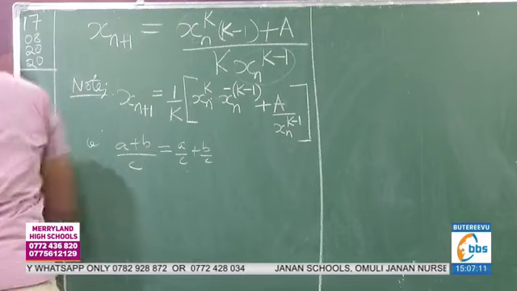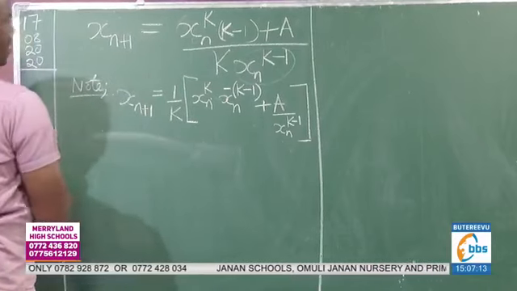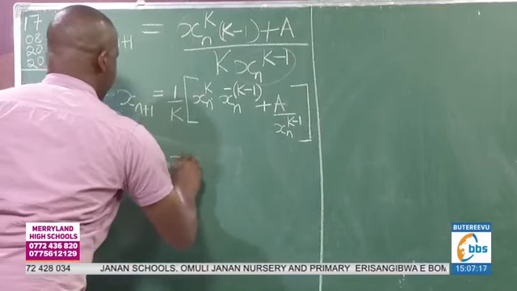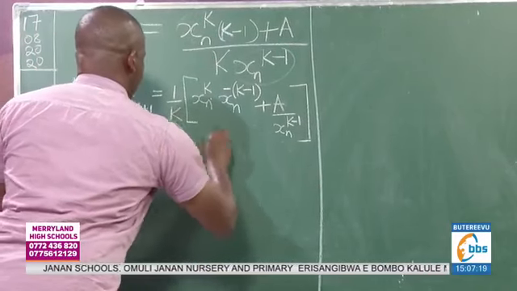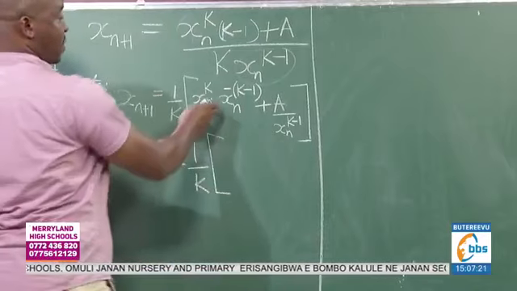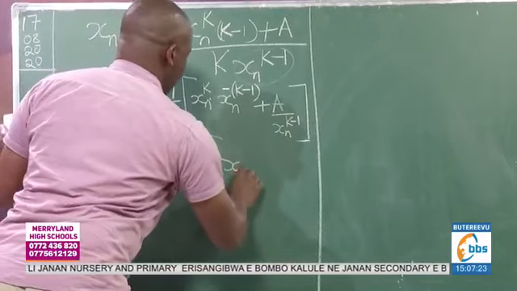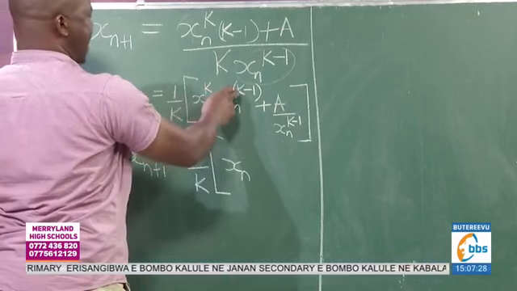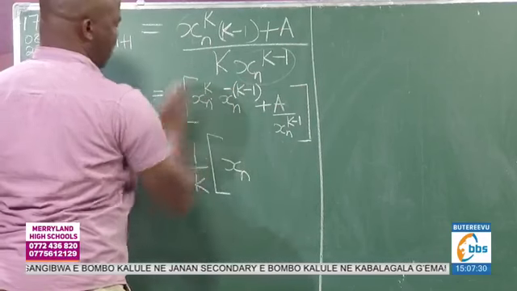Now, if I proceed, this very expression I said could be re-expressed as 1 out of k into, if I use indices directly, I'll have the base, which is x to the n, k minus k plus 1.